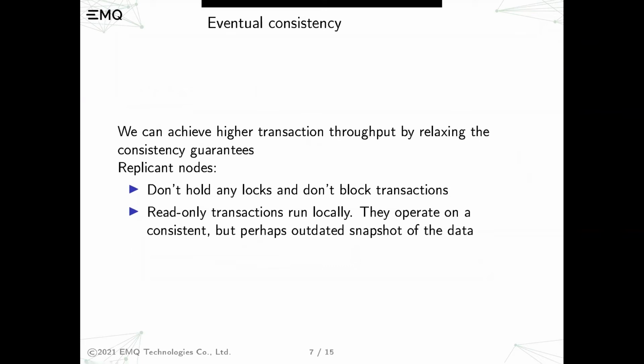So we can achieve higher transaction throughput by relaxing the consistency guarantees, because replicant nodes don't hold any logs and don't participate in the Mnesia two-phase commit protocol. But they can run read-only transactions locally on the local data. So they operate on a consistent, but perhaps a bit outdated, snapshot of the data.